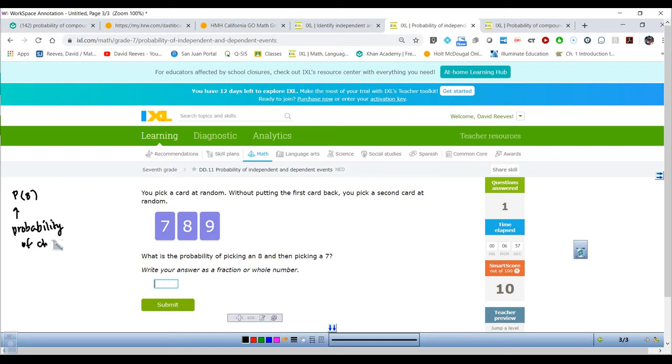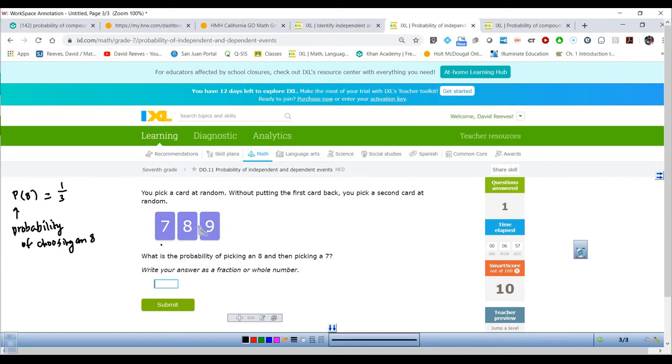Of choosing an 8. All right, so the probability of choosing an 8 is what? 1, because that's our favorable outcome, right? Out of how many total outcomes do we have? We have 3. So the probability of choosing that 8 is 1 out of 3.